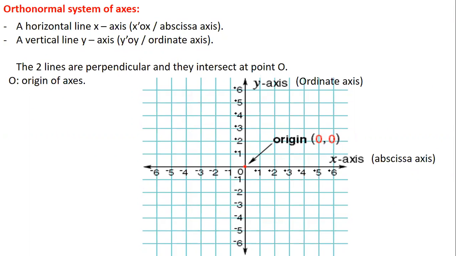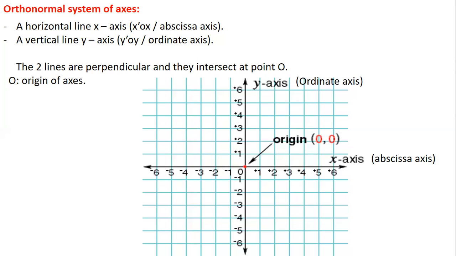And we have a vertical line, which is the y-axis or y prime OY or ordinate axis. We have the origin which is 0, 0.